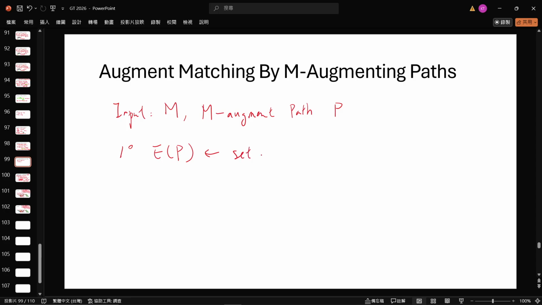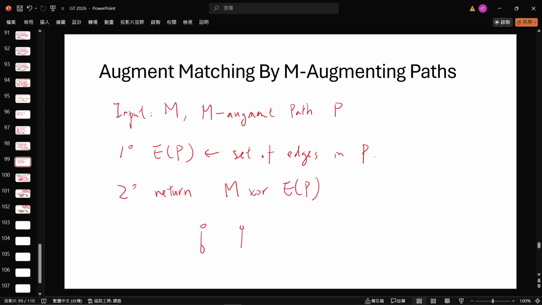So this is the set of edges in P, okay? So we will just return the exclusive OR of M and the edges in P, okay?